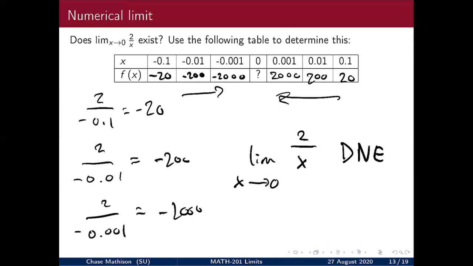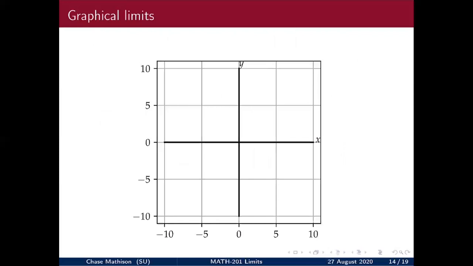Okay. Moving on to graphical limits. So a graphical limit, we just look at the graph. If I give the graph to you, fine, but it might be the case that you have to do the graphing yourself. In that case, you need to be careful because maybe you're plotting values from a table, and I already told you why that could be dangerous.